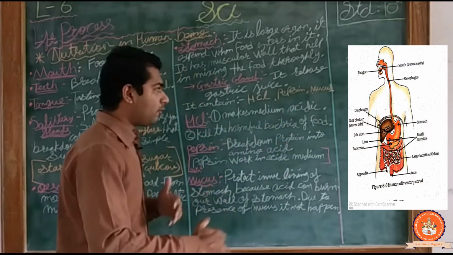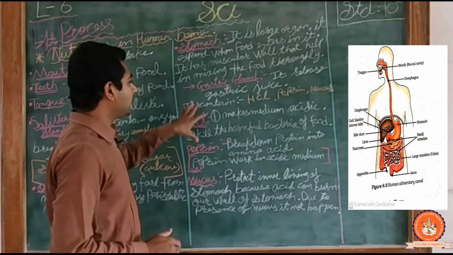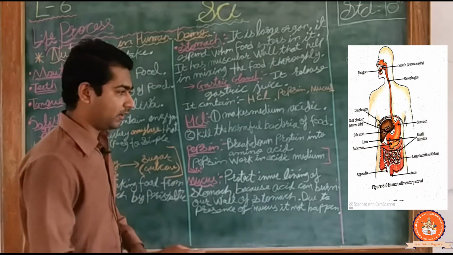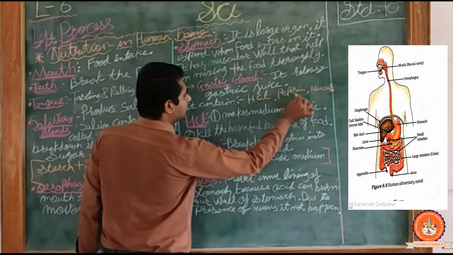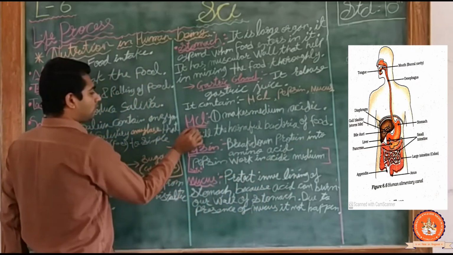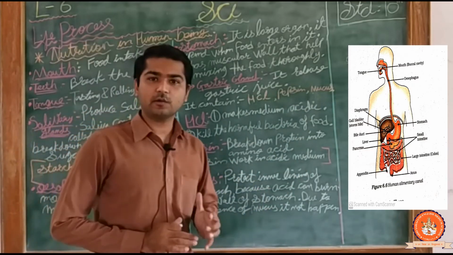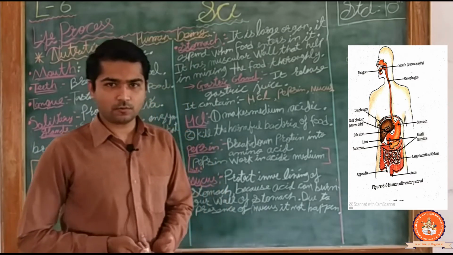Clear? Now understand the function of these 3 in gastric juice and in the stomach, one by one. So it contains HCl, pepsin and mucus. Now the function of HCl: I already told you HCl means hydrochloric acid. That means it is one type of acid, yes or no?